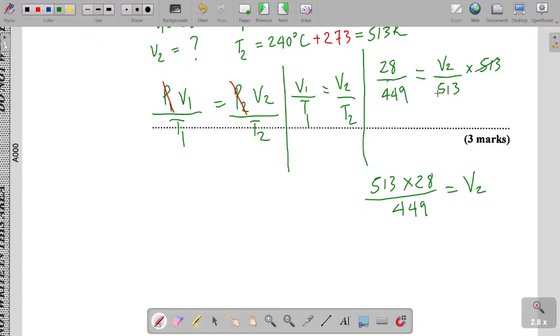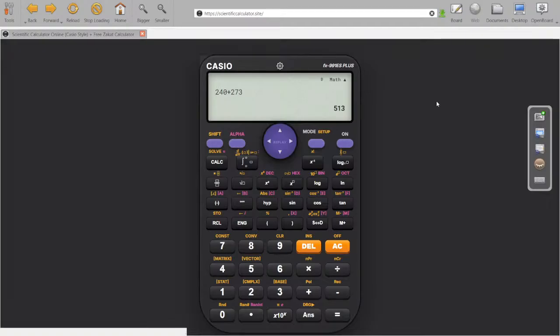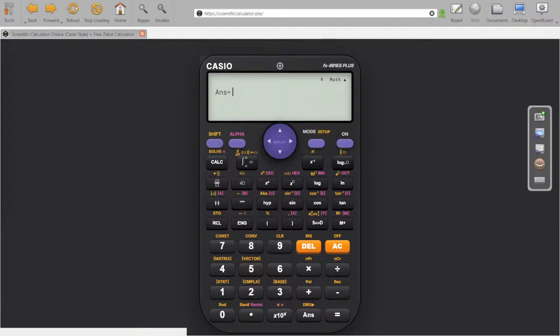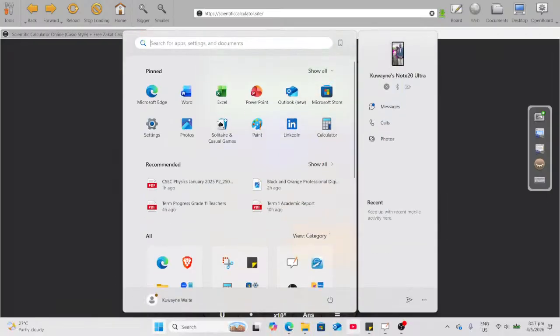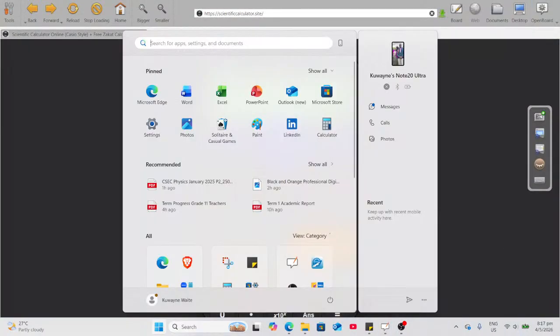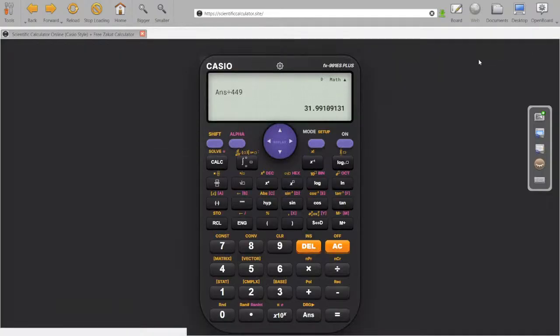Right, so this cancels out that, and so our answer will be 513 times 28, and we divide that by 449. Our answer there should be 32.